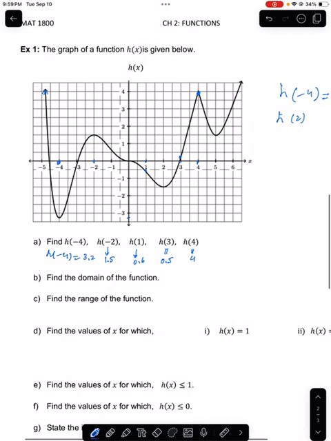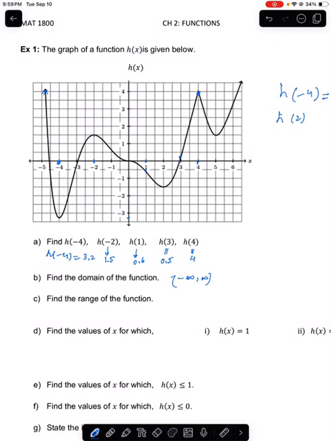What about the range? The range of the function, because we see it's not going down, down, down forever, but it's going up, up, up forever. So its upper value will be infinity. The lower value is the minimum value of the function, which we found to be over here.